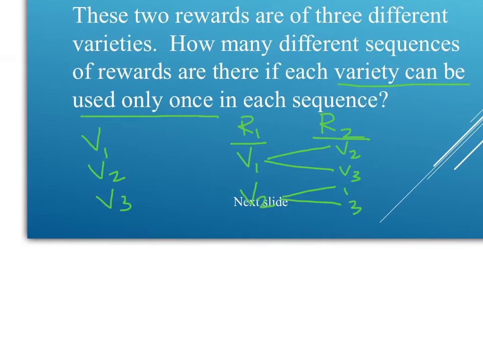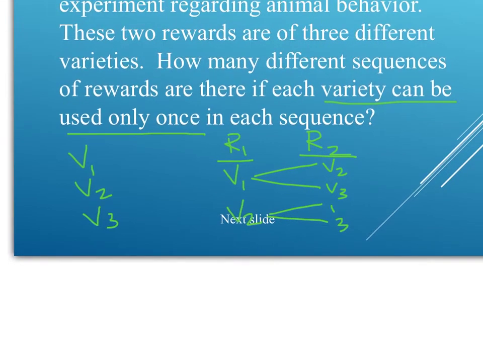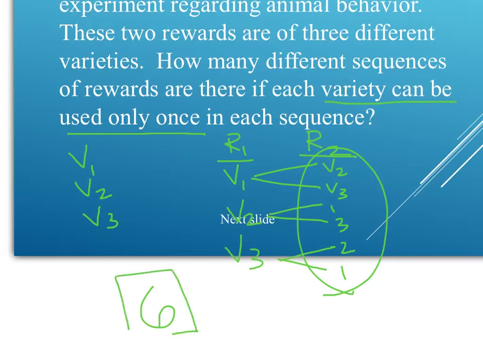And then if I start with variety 3, then my second reward is either going to be variety 2 or variety 1. And so counting the end of the branches, we get that there are 6 possible combinations of reward and variety. Again, time-consuming and easy to make a mistake, so we're going to talk about a way to do this without having to go through this tree diagram.